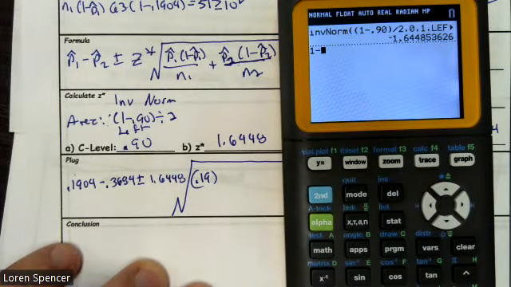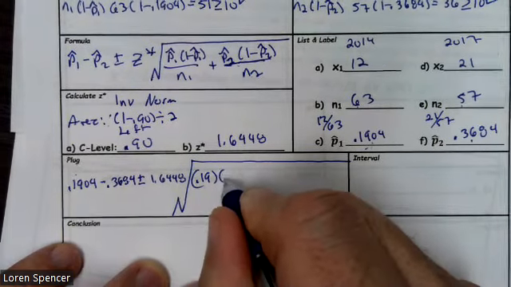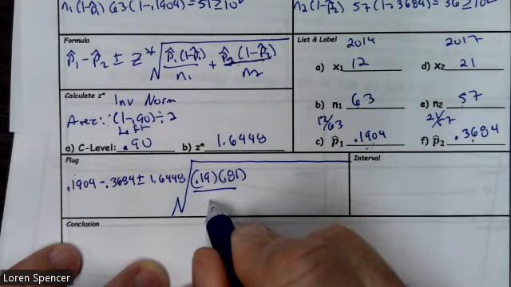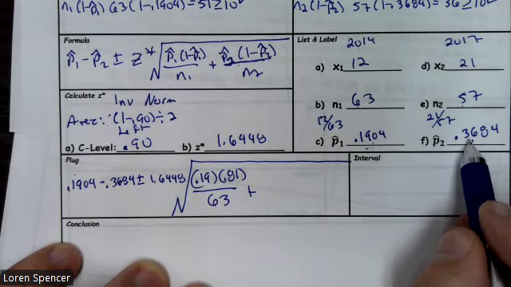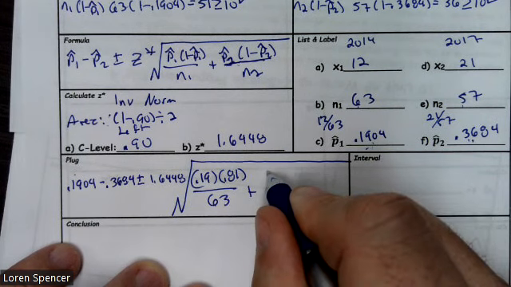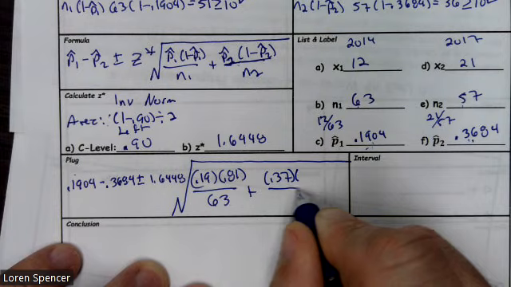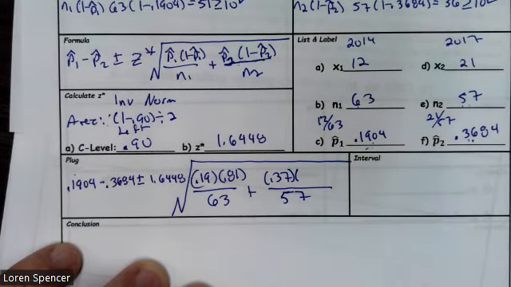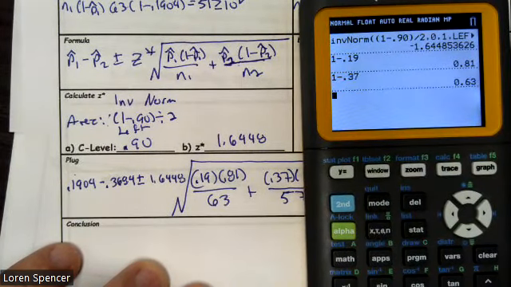And then 1 minus 0.19 gives me 0.81. So this is 0.81 over my sample size of 63 plus, I'm going to round this to 0.37 because again, I'm short on space. So 0.37. This is going to be over 57. And 1 minus 0.37 is 0.63.